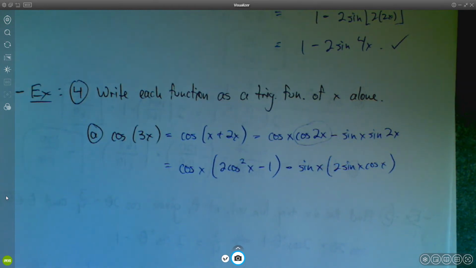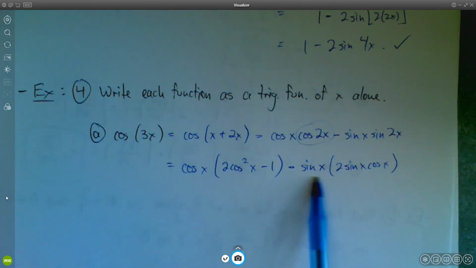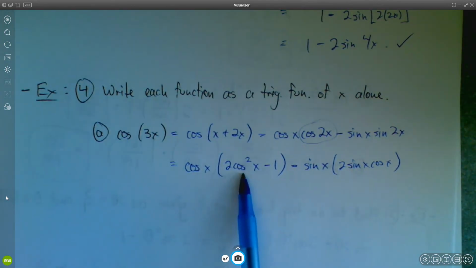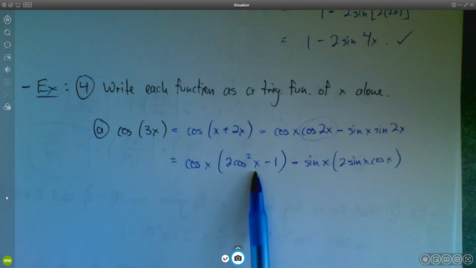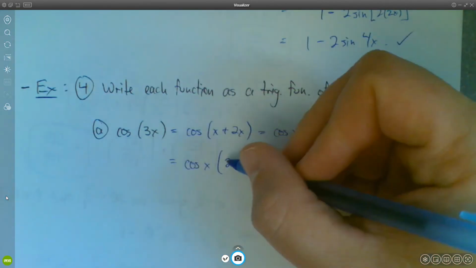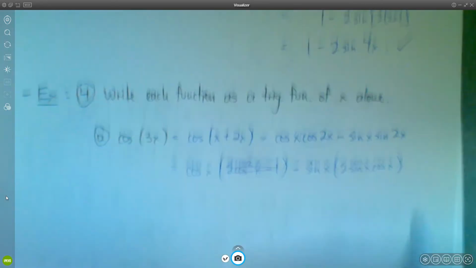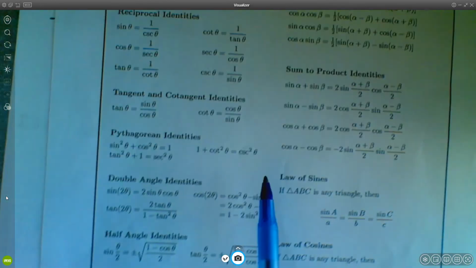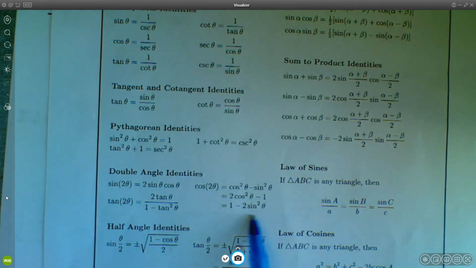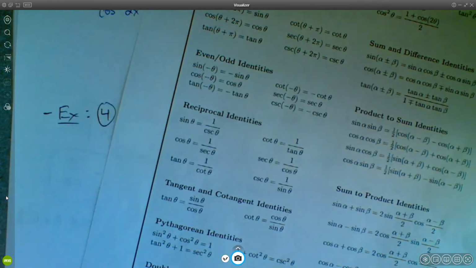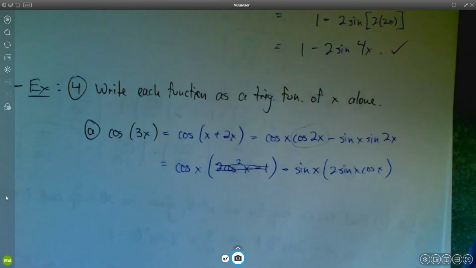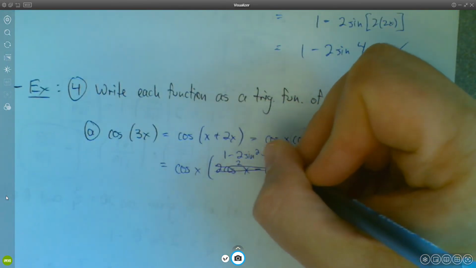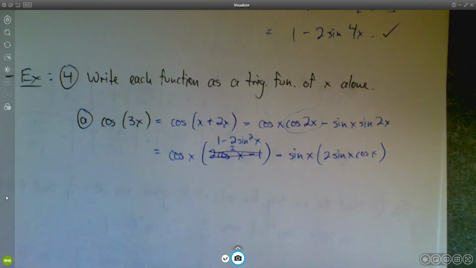You know, now that I'm looking at it, here I'm going to get 2 sine squared cosine. If I had used the sine squared version of this, I could get something similar and probably simplify it. So I'm going to actually use this one, 1 minus 2 sine squared x, just because I think I can do a little more simplifying that way.